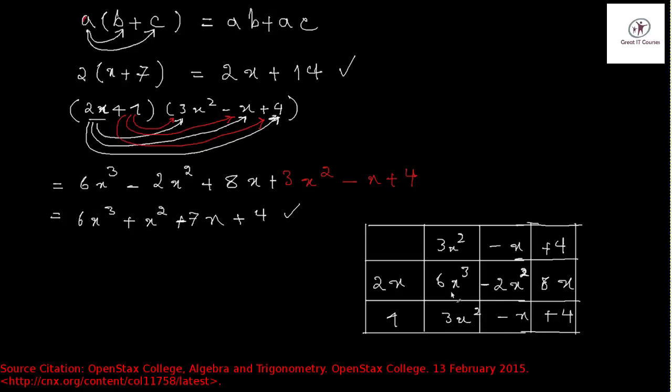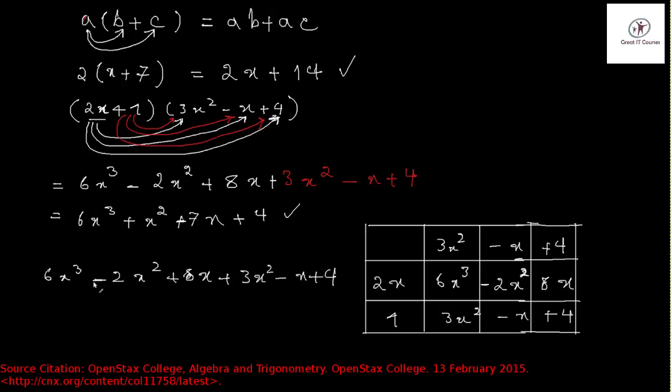Then you can add all of these terms together: 6x cubed minus 2x squared plus 8x plus 3x squared minus x plus 4.